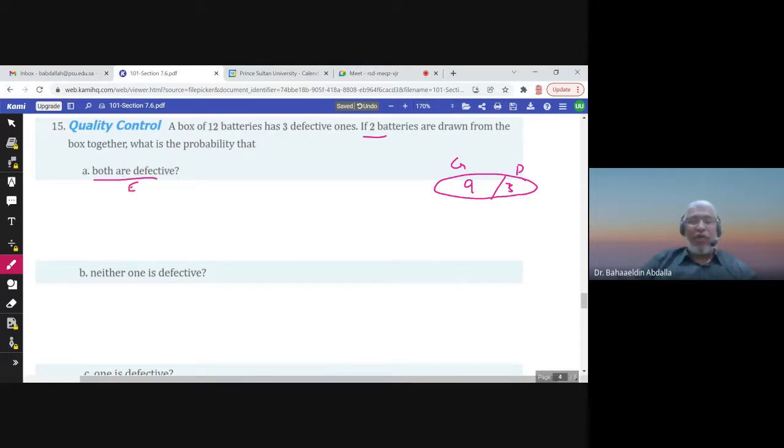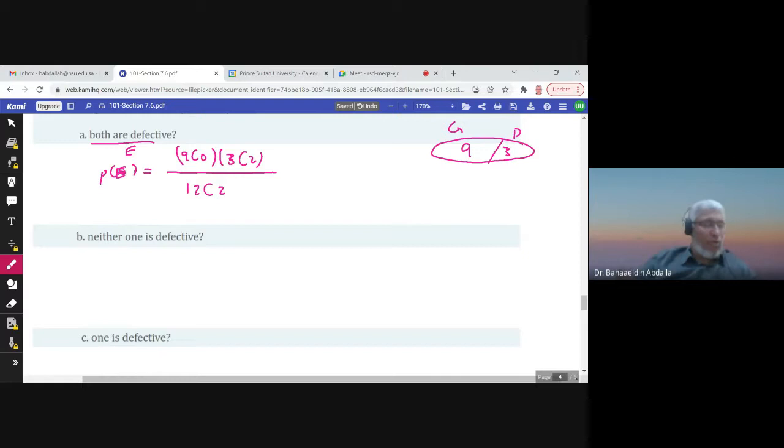If we call this event E, the probability of E would be, I have 12 batteries and I need to select 2 of them. But now E says both are defective. So from the 9 good batteries, I will select 0. And from the 3 defectives, I'm going to select 2. So this will give you the probability that both are defective.